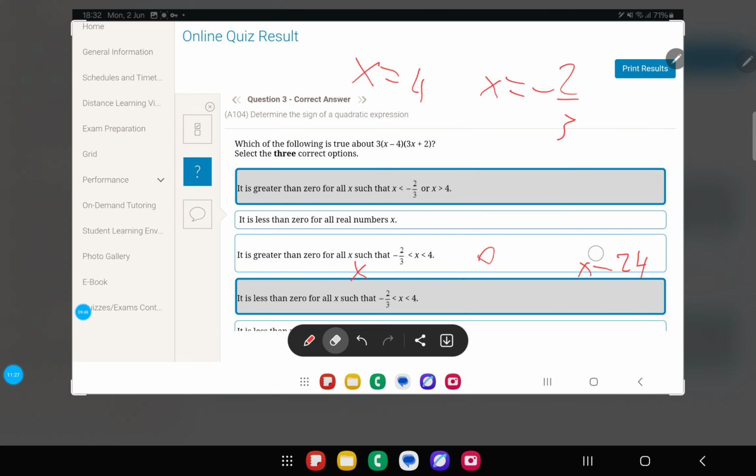Now let's erase all of this. Now we have the roots. Before moving on, we need to make this table: negative 2 over 3 and 4. Since we have these two roots, we're going to see if it's between, or greater or less. This is how we check. We use a technique called same, opposite, same.